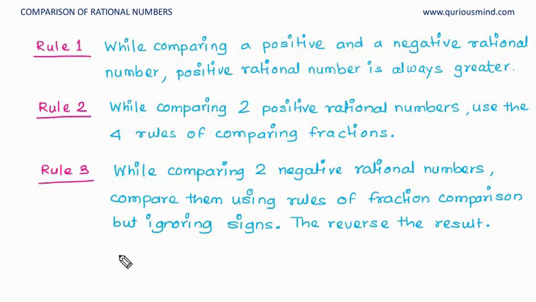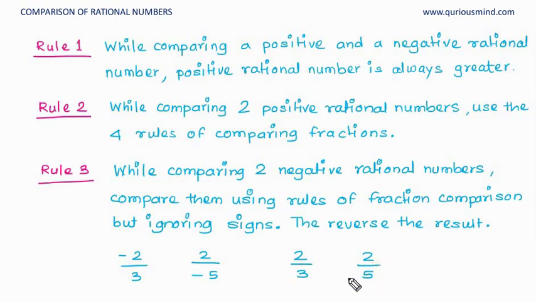So if I have minus 2 upon 3 and, let's say, 2 upon minus 5. Now if you see here, both are negative rational numbers. So I'll first convert them into positive fractions. So it will be 2 upon 3 and 2 upon 5.